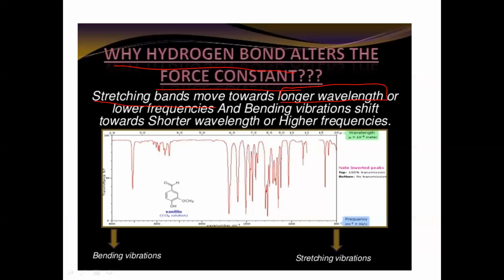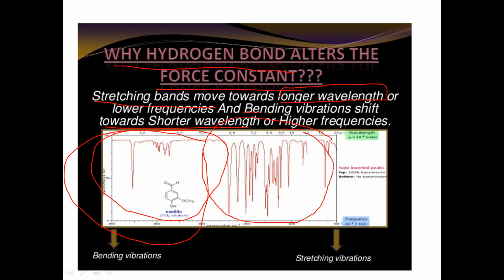So the bending vibration occurs in this region, while the stretching vibration occurs in this region. The stretching band appears in the lower frequency region, while bending vibration occurs in this region. So this is the bending region and this is the stretching region.